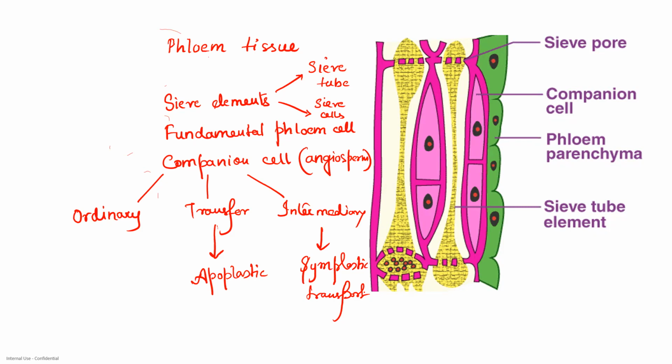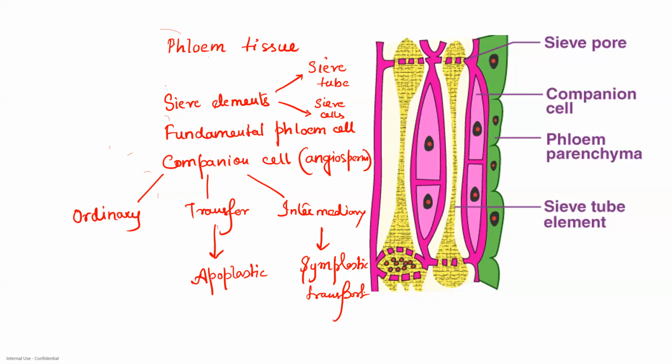The material that is translocated in the phloem is not glucose. It is sucrose. The reason is very simple. The glucose that is formed is reactive. It is reducing in nature, whereas sucrose is a non-reducing sugar. It doesn't react.